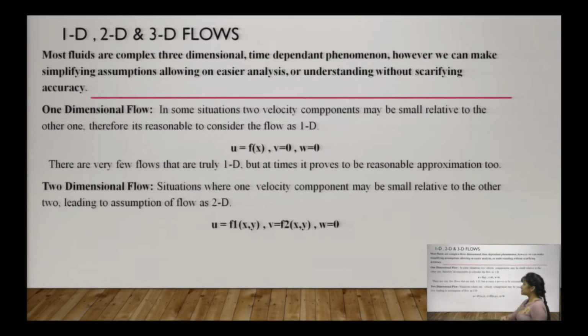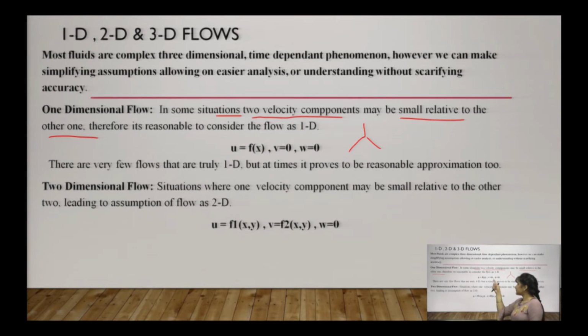Coming to one dimensional, in some situations two velocity components may be small relative to the other one. Here you can see there are three velocity components in the x, y, z directions. X will be u, y will be v component, and in z direction it is w.